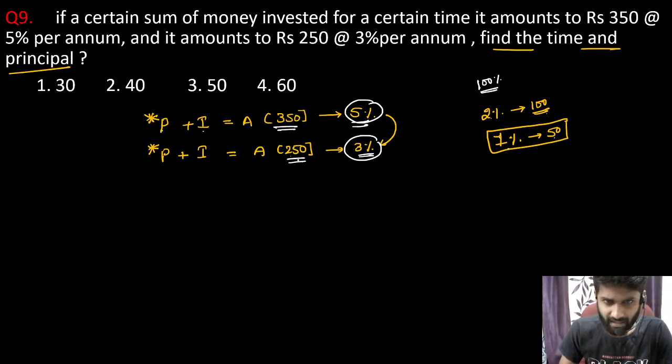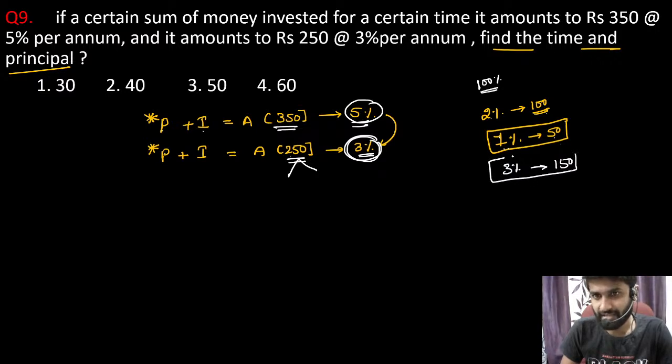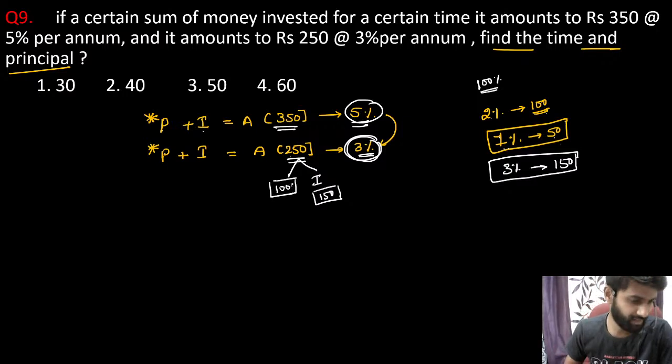Now see, these 250 rupees have an interest of 3%. If 1% is equal to 50, now 3% value become 150. So interest amount is exactly equal to 150 rupees. Now interest is equal to 150 rupees, then the principal become exactly equal to 100 rupees. Clear? So it become 100 rupees.